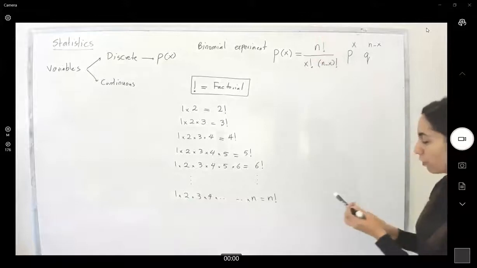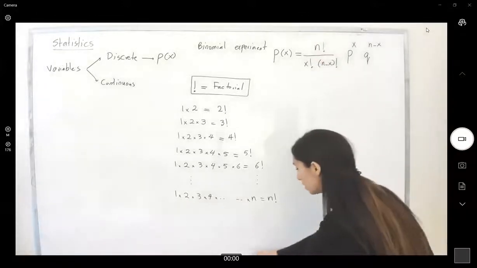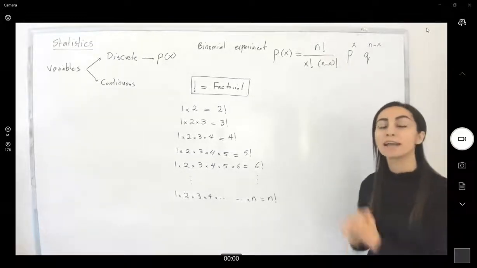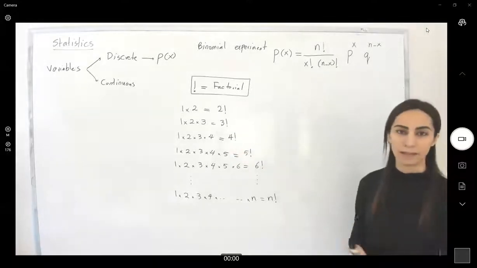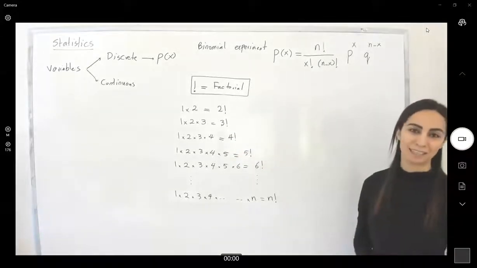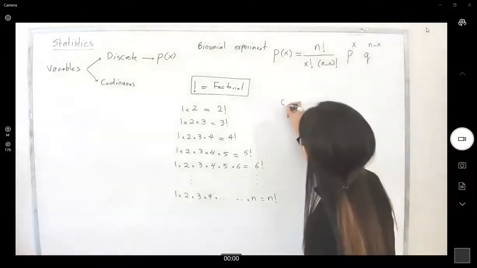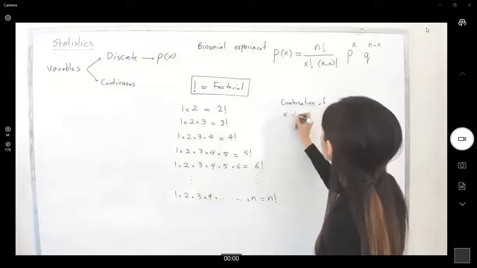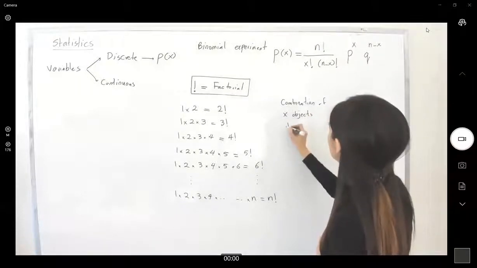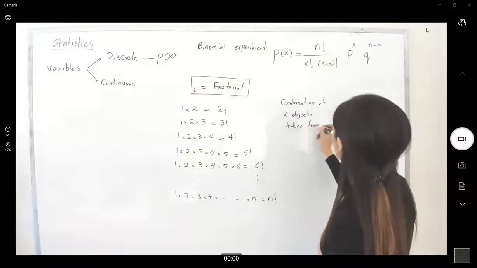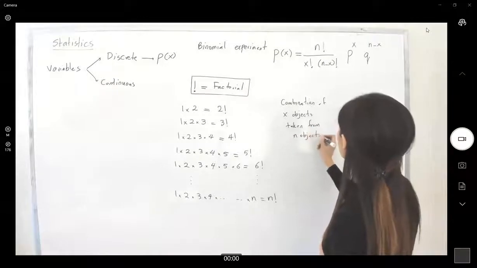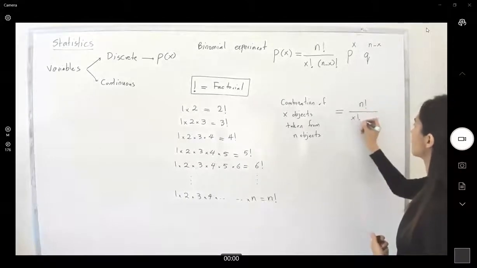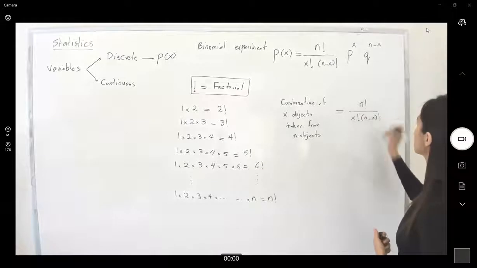So this formula here is called the combination of x objects taken from n objects at a time. Combination of x objects taken from n objects is n factorial divided by x factorial times n minus x factorial.